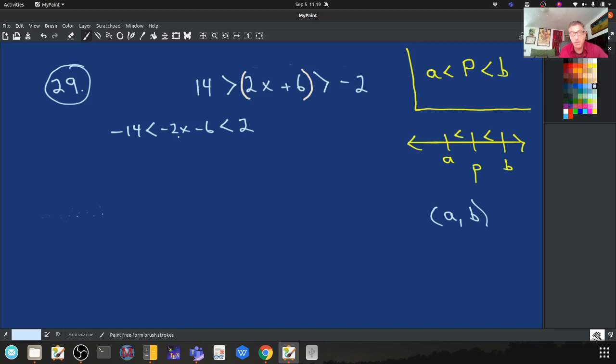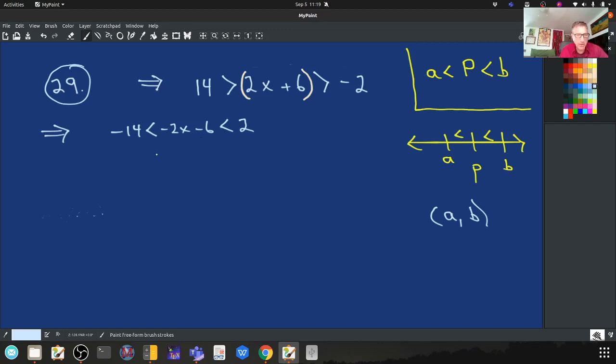I wasn't thinking far enough ahead. I'm going to have to undo the direction of the inequality one more time, but that's okay. The point that I can still make here is that this inequality has the exact same solution set as this one.